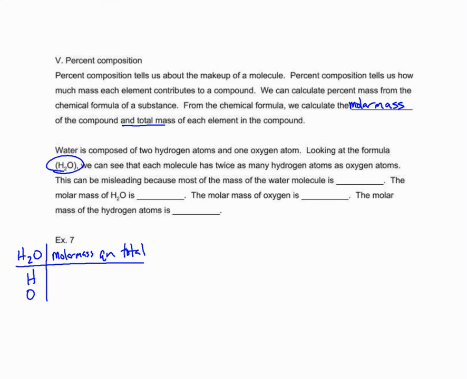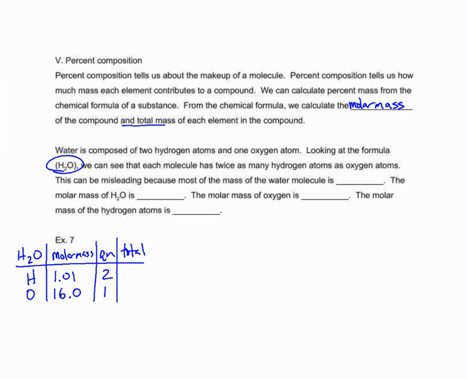The molar mass of hydrogen comes from the periodic table, 1.01, and oxygen rounds to 16.0, also from the periodic table. The next column, quantity, comes from the chemical formula, and we see that there are 2 hydrogens. We see that there's only 1 oxygen, and we're good to move on.